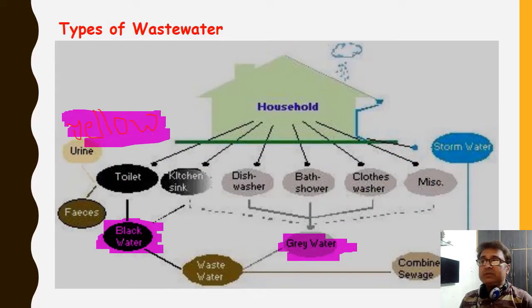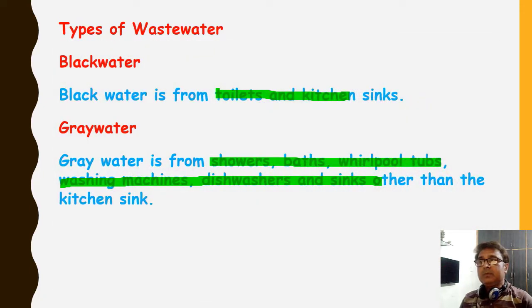Types of wastewater. There are three. We can classify wastewater into three types: yellow water, black water, and grey water. Black water is from toilets and kitchen sinks.